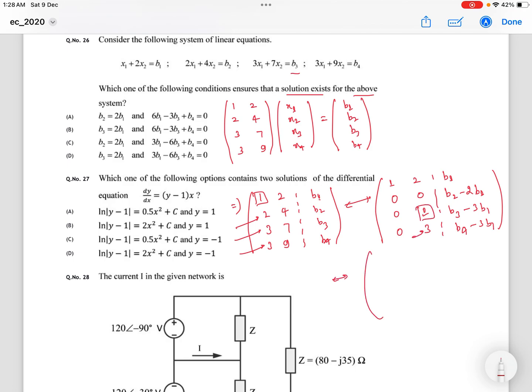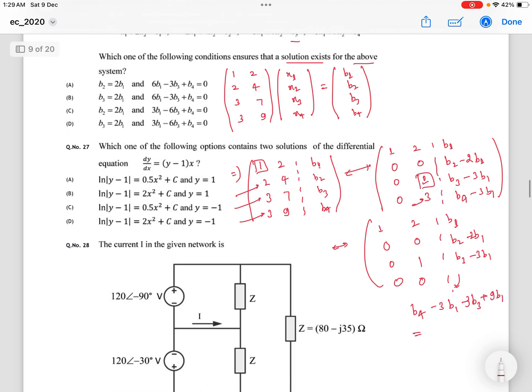Next we can take this pivot and eliminate this. So at the end we will have 1 2 b1, 0 0 b2 minus 2b1. Here we will have 0 1 b3 minus 3b1. Here we will have 0 0, and here we will have b4 minus 3b1 minus 3b3 plus 9b1.